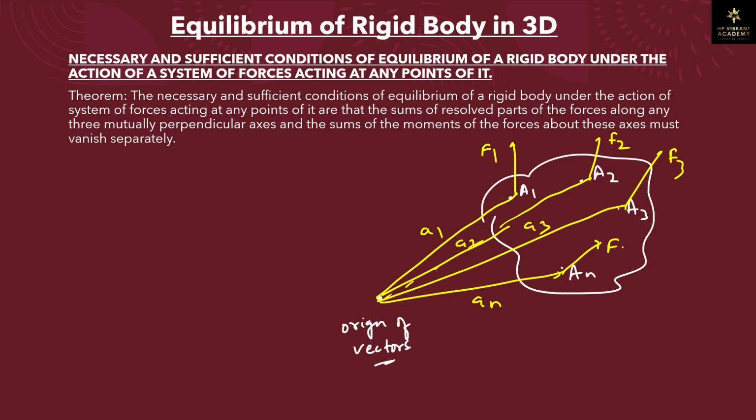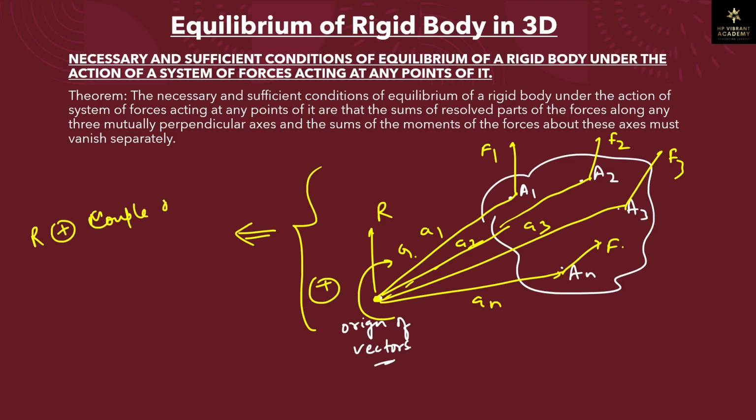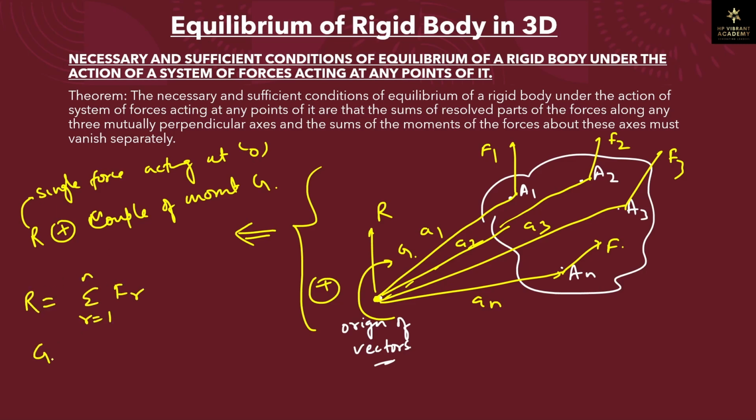So this whole system is equivalent to a single force R plus a couple of moment G. R is a single force acting at O. We have R equal to the summation r equal to 1 to n of Fr, and G equal to the summation r equal to 1 to n of ar cross Fr.